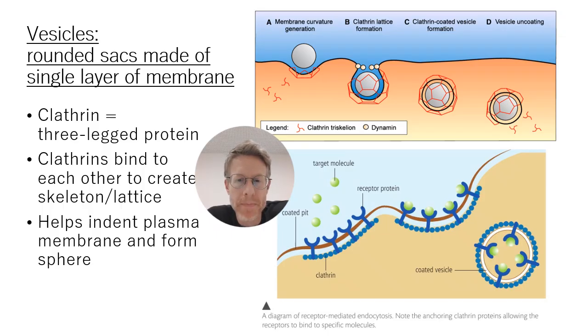And the clathrin proteins will bind to each other and create this lattice or scaffold that helps to support and indent the plasma membrane and form this sphere, this vesicle, when substances come into the cell by endocytosis. It's not the only thing required. There are other substances, like here you can see in the top one, a protein called dynamin. You do not need to know about those, but you do need to know about the clathrin.